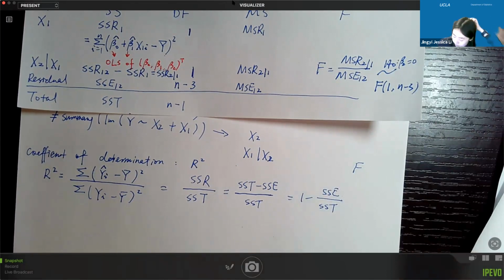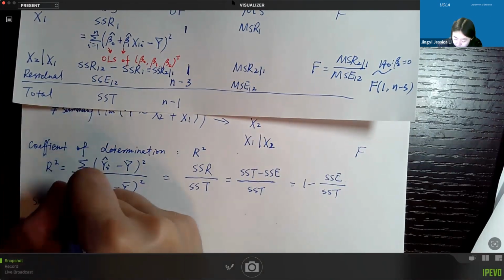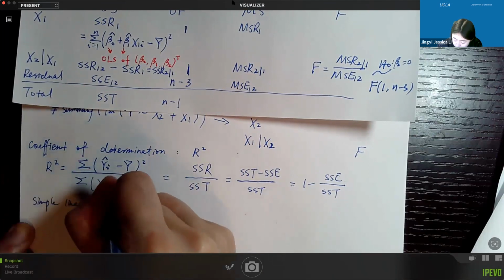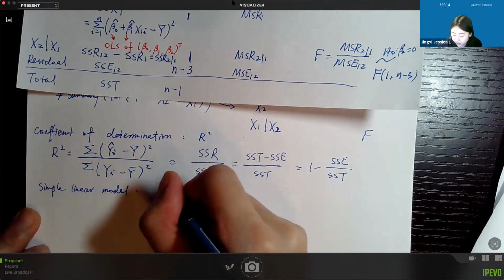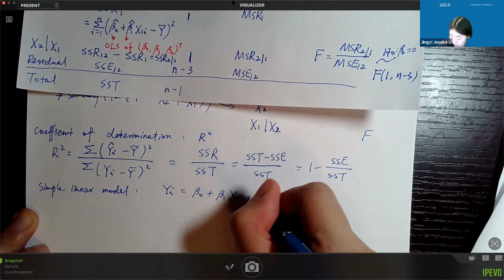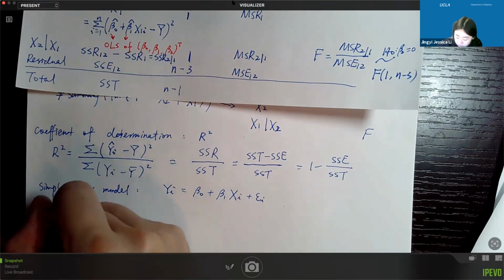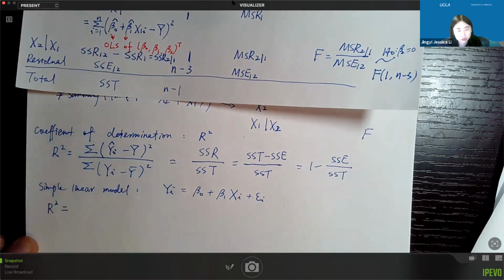And a very interesting coincidence in linear regression is that when you only have one predictor, with a simple linear model, let's say yi equals beta 0 plus beta 1 xi plus epsilon i, only one predictor, then very interestingly, this R squared, just by coincidence, is equal to the square of the sample Pearson correlation between y1 to yn and x1 to xn.